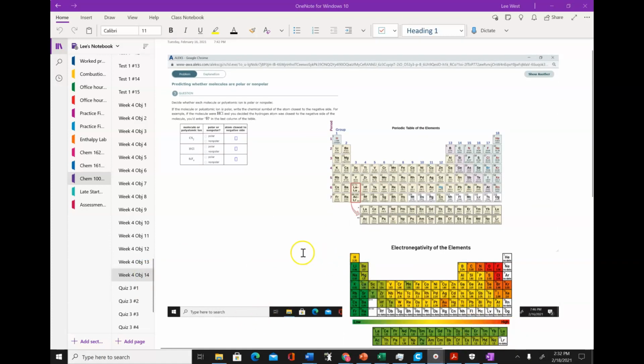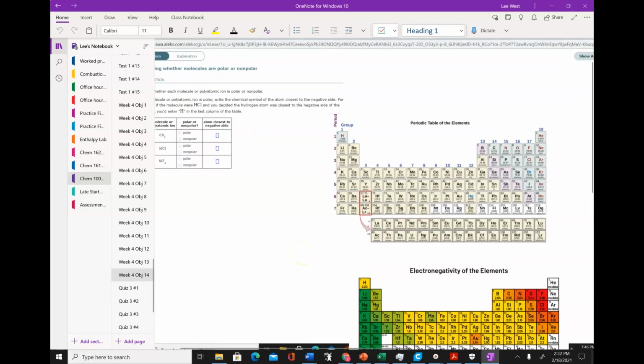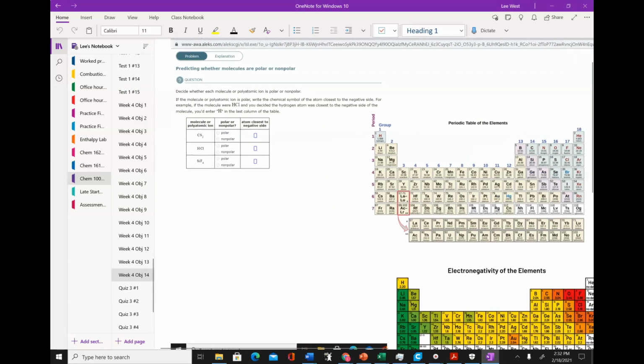Okay, so let's see what we've got here. This is asking us to predict whether molecules are polar or non-polar. What one needs to do for this is to draw a Lewis diagram for the molecule, and then have a look at that molecule and see if you have asymmetry around the central atom. By asymmetry, what we mean is that there are multiple different kinds of things attached to that central atom.